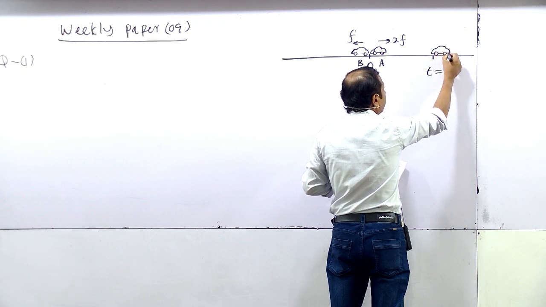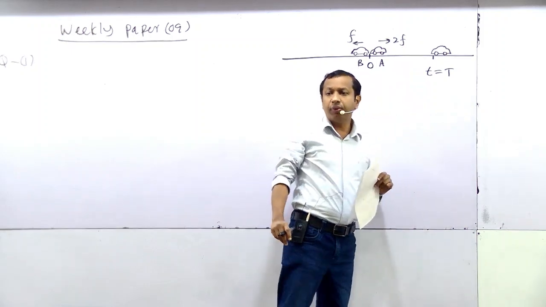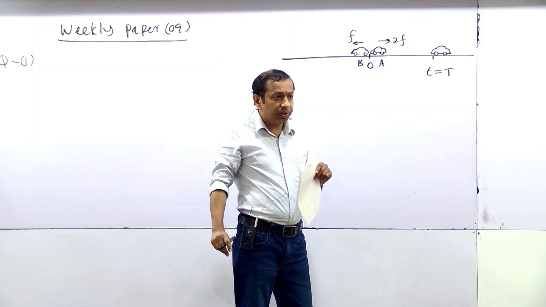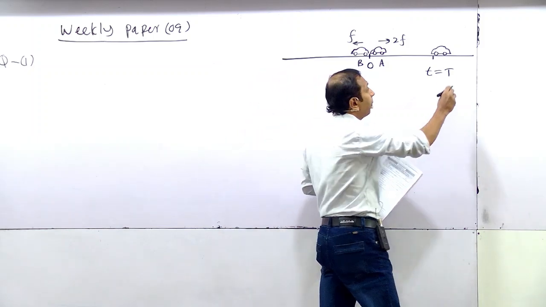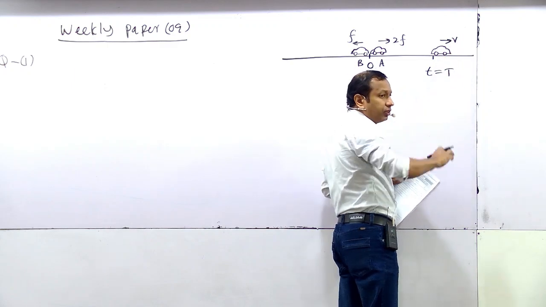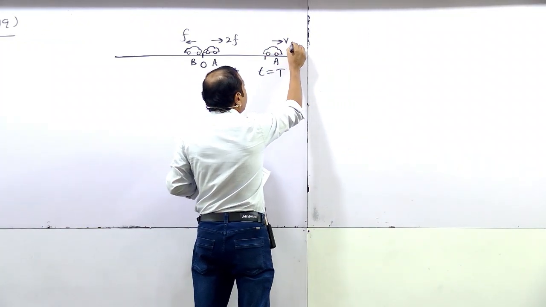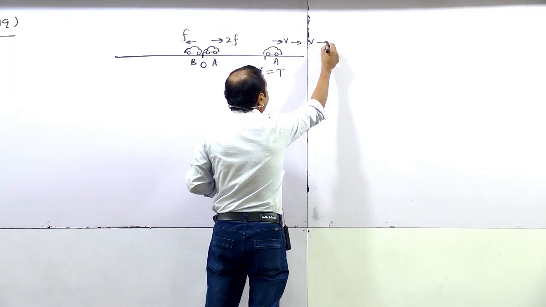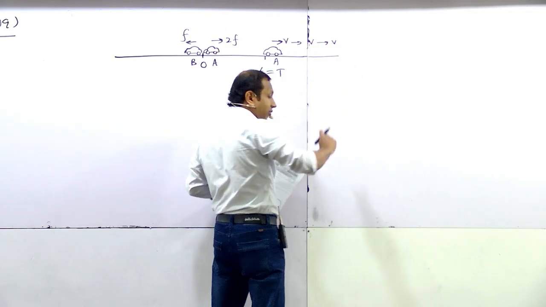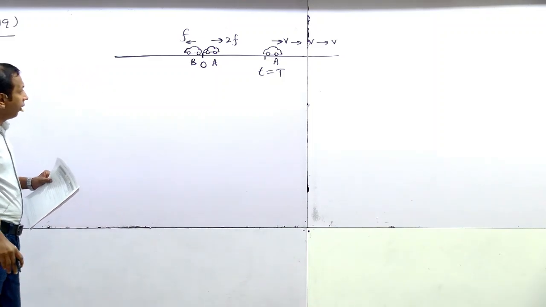At that moment, because of its accelerating motion 2f, it will have taken a certain velocity, suppose v. We are given in the question, after the moment t equals t, this car A continues its journey with the constant velocity v till the end of this question. Okay, that's how it says, right?